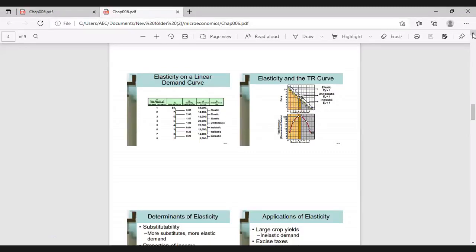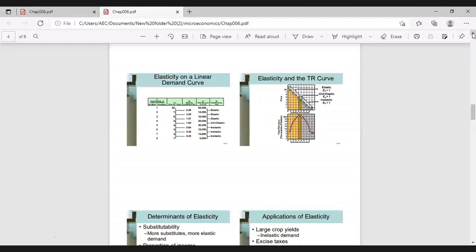When the price is very low, even with the same unit drop in price, the consumer's responsiveness to the price change is low. They will buy more, but they don't respond as they do when the price is high.